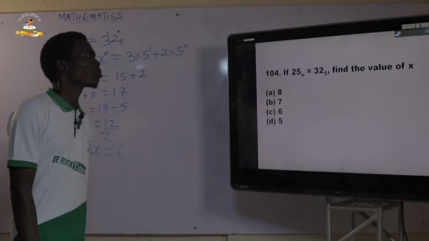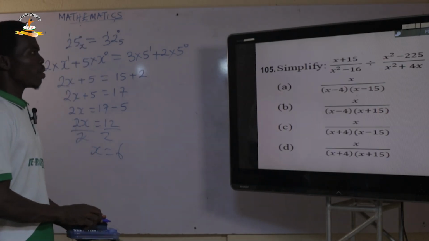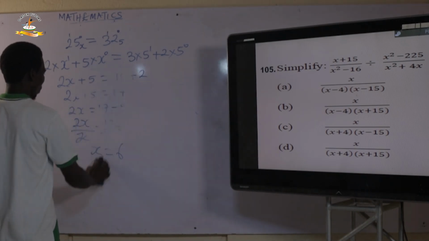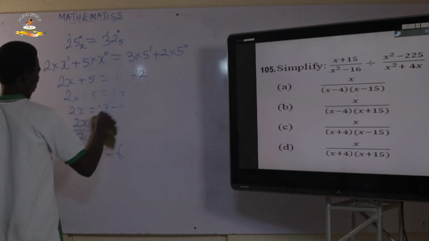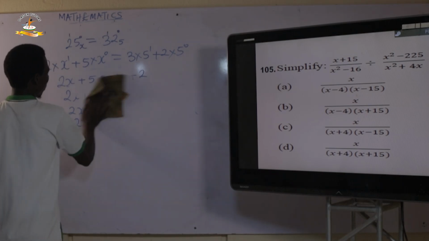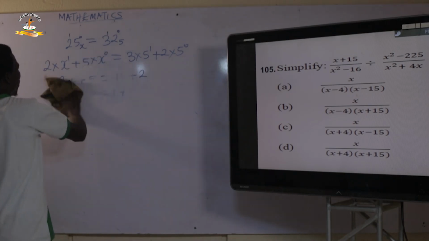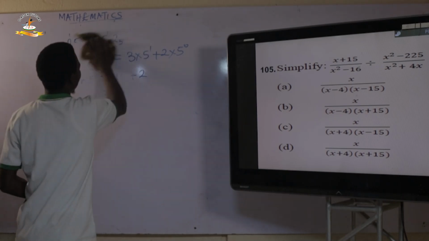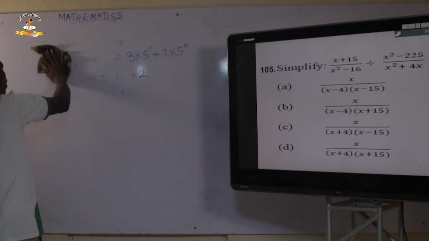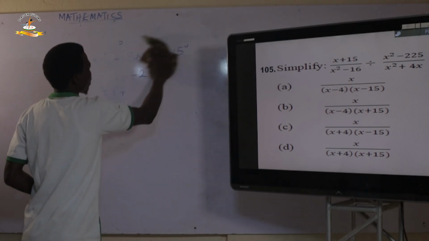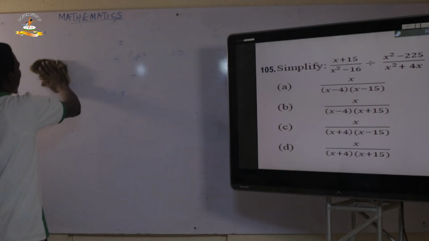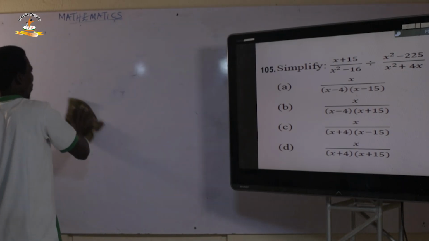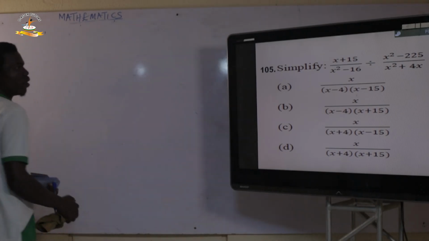Our next question. Alright, it says simplify x plus 15 all over x squared minus 16 divided by x squared minus 225 all over x squared plus 4x.